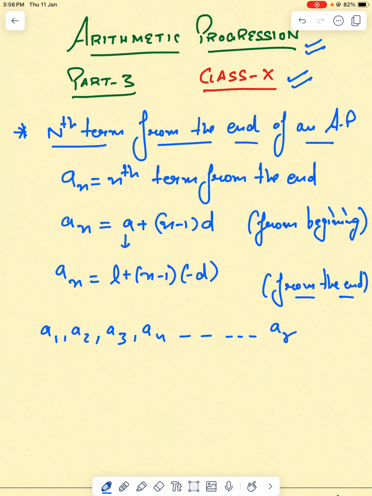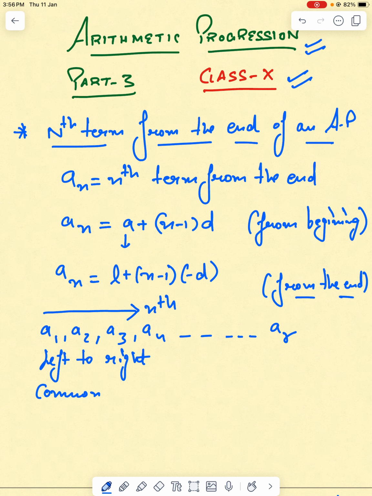So I want to find the nth term from the beginning, so we are moving from left to right. When we move left to right, our common difference was, we have assumed, equal to d.